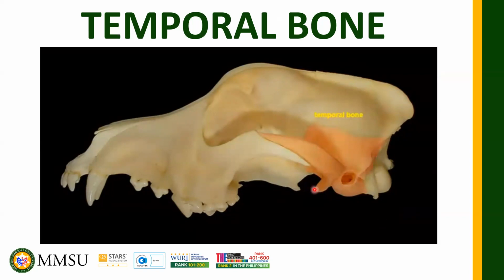Okay, so as what I've said, since that is for protection of the ears, in some farm animals natin, like for example, for the cattle and then the sheep, yung temporal bone, it usually contributes to the conduction of sound sa kanilang inner ears. So etong conduction of sound, it usually allows these animals to perceive low frequency sounds such as those that are being produced by the predators or other members of their herd, which is very essential for early warning.